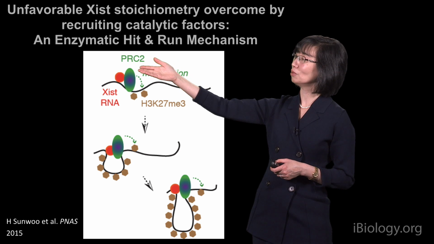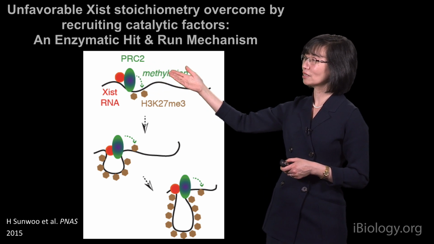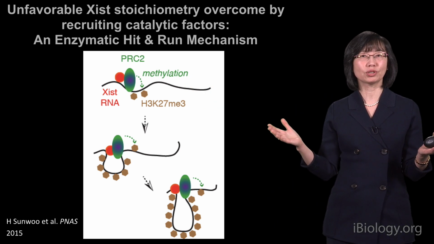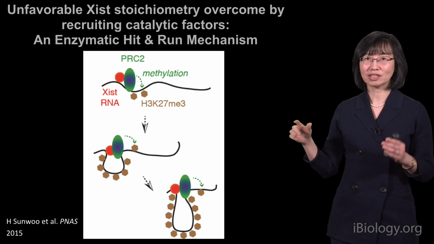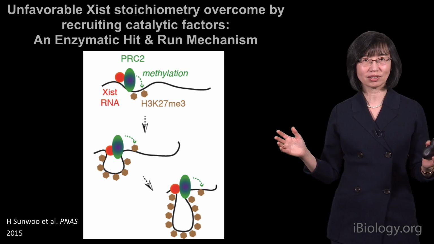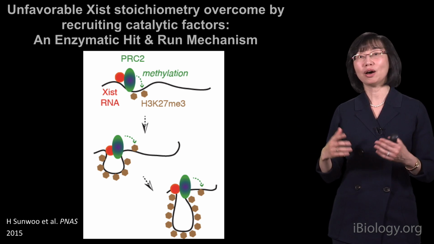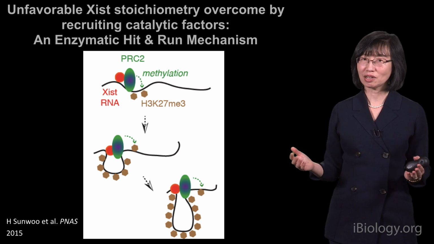So PRC2 lands, it processively methylates successive nucleosomes until it covers about 1 or 2 megabases of chromatin. And imagine that this happens 100 times over across the X chromosome, more or less at the same time. And then you can see how this process of silencing can be amplified and can take place in a very efficient manner.